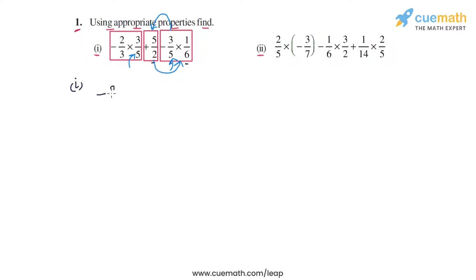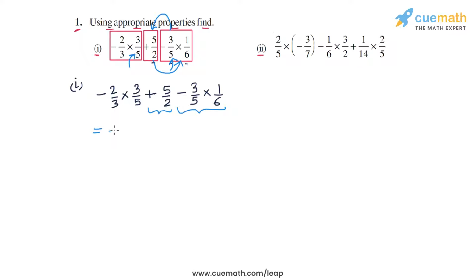Our original expression is minus 2 by 3 into 3 by 5 plus 5 by 2 and then minus 3 by 5 into 1 by 6. We will take this third part, minus 3 by 5 into 1 by 6, and bring it to the second position, and we will take the second term, plus 5 by 2, to the third position. So we will interchange the order of these two terms.